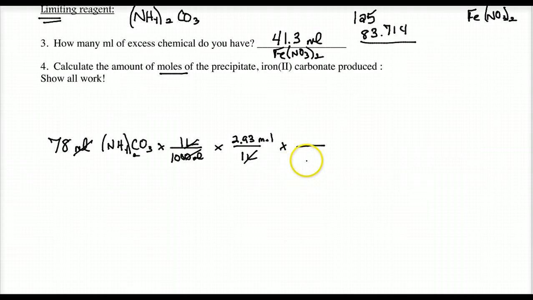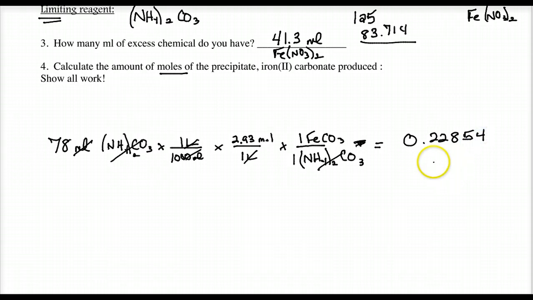I'm going to get rid of ammonium carbonate. Its formula has CO3, 1 to 1 with FeCO3. You got now moles of iron carbonate. And that's all I wanted. Just moles. Kept it simple. And you get 0.22854, I think, moles.